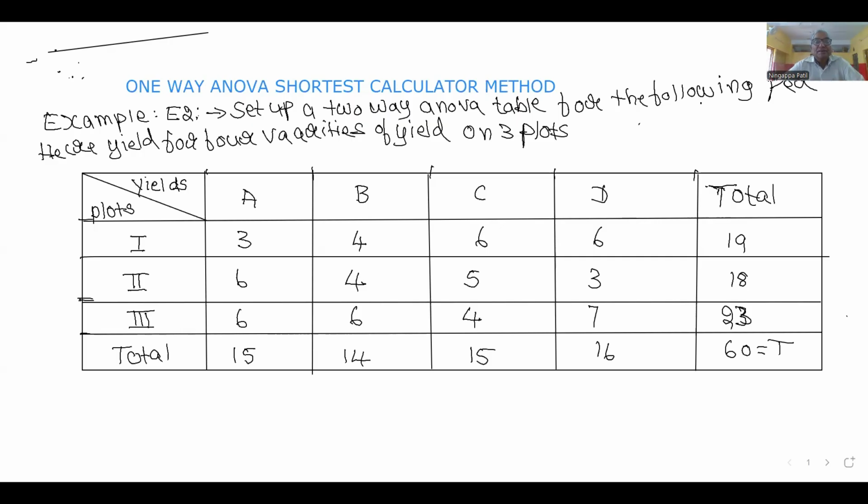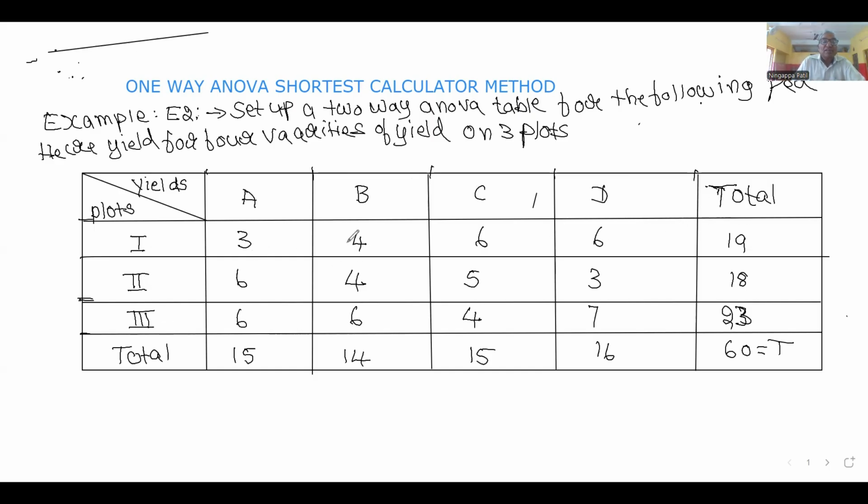Set up the two-way ANOVA table for the following per hectare yield of 4 varieties of wheat on 3 plots. The varieties are A, B, C, D, as given by the examiner, and the plots are 1, 2, 3, and their totals are also given.